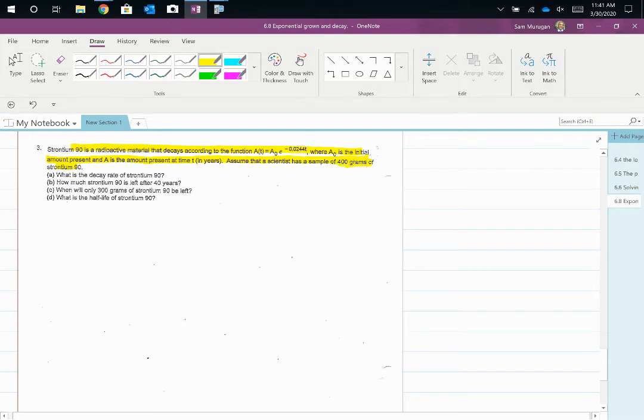Assuming that the scientist has a sample of 400 grams, if we rework our little formula to A0 e to the power rt, and here they're telling us that A0, the initial amount, is 400. So this is 400 e to the power negative 0.0244t.